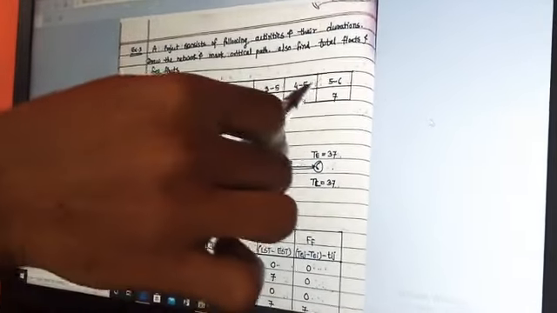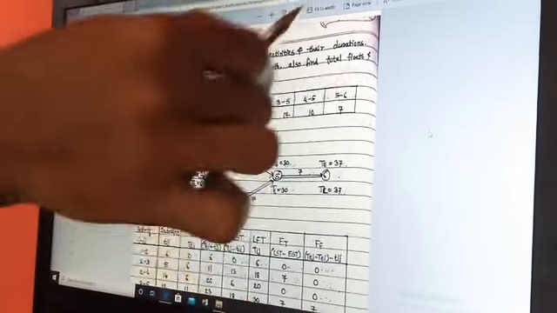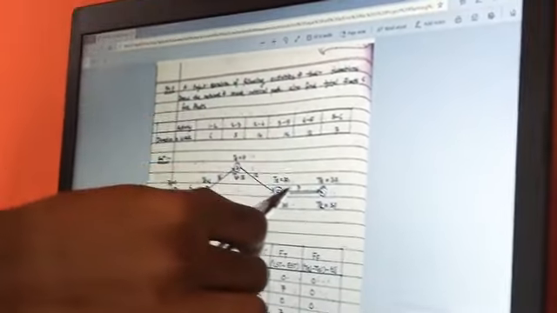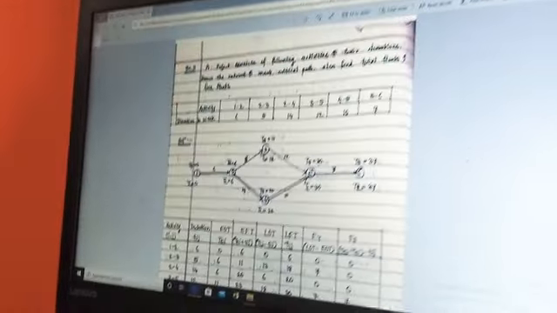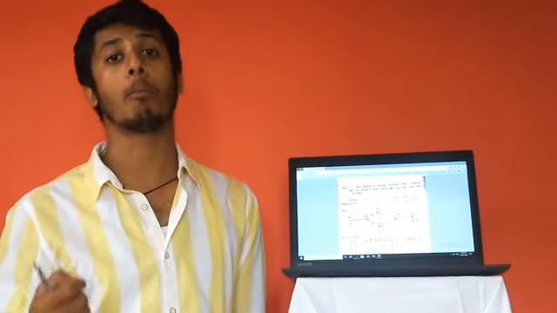From 5th to 6th the duration is given as 7, and I am going to write that here. So whatever I have explained is all about how to draw the network diagram for a construction management activity for the given data using the critical path method. This is our first task.